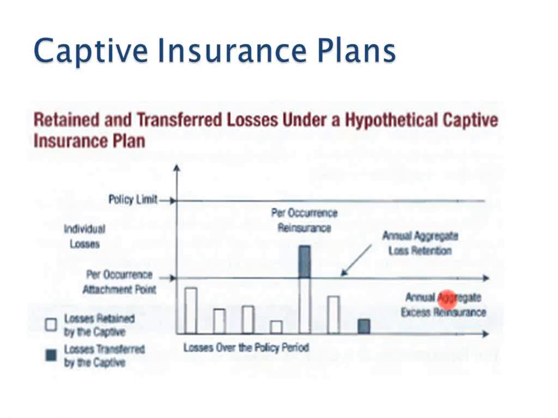So what this is dealing with is a frequency issue, and this is really a stop loss. As a captive, we can be assured, sleep at night, that our worst case scenario, if we have a $10 million annual aggregate, is that we're not going to pay more than $10 million ever under this captive.